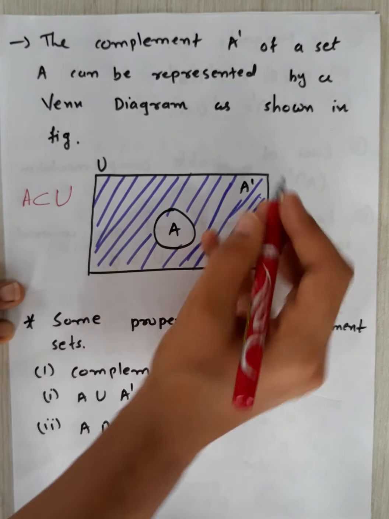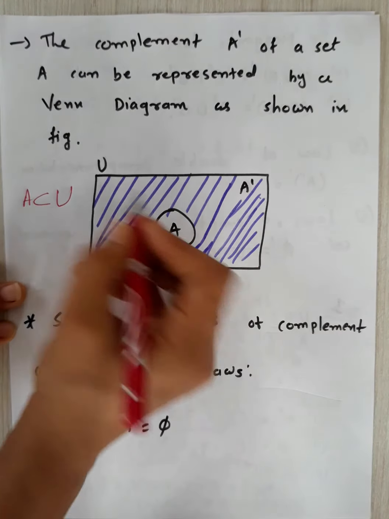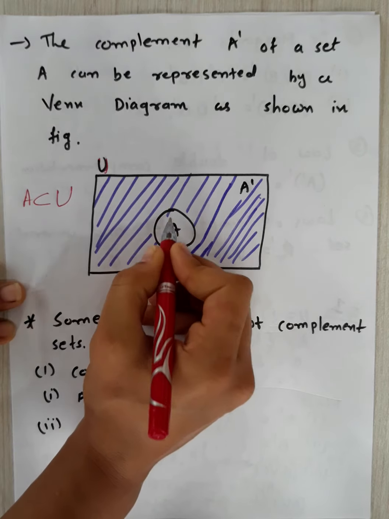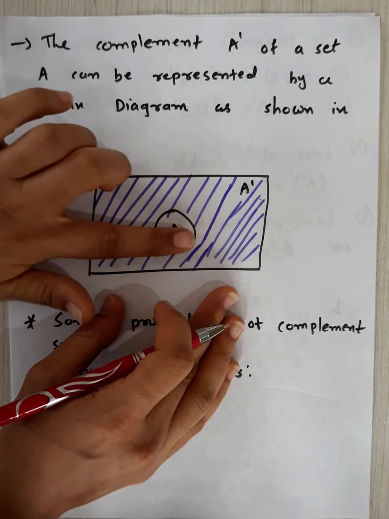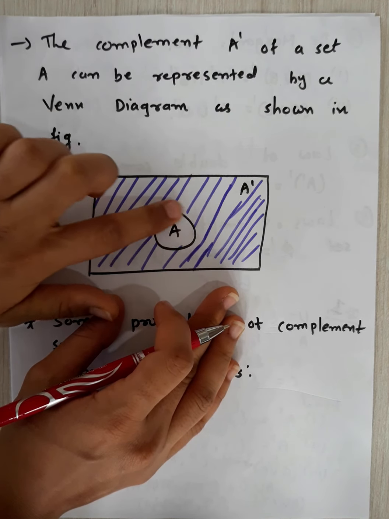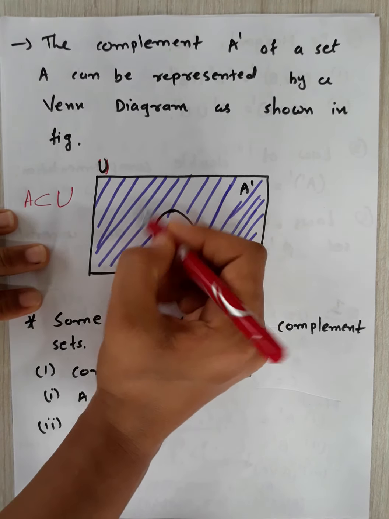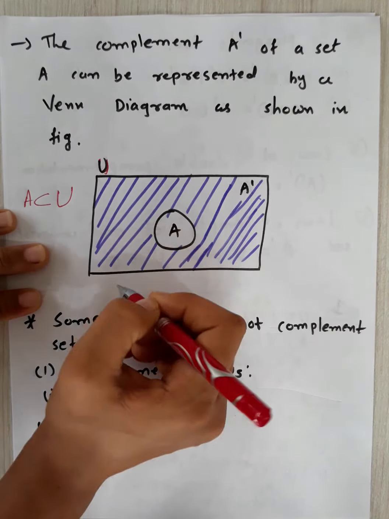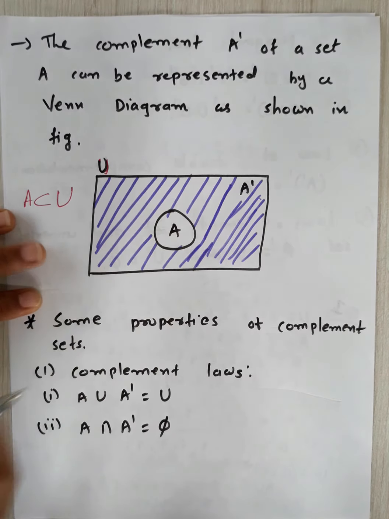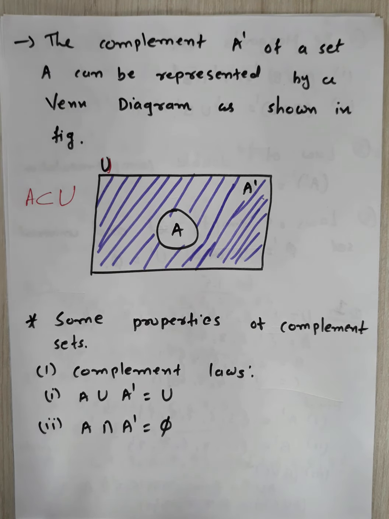Now what is A dash? All the elements of U apart from A. So you have to leave out the portion of A, and this much portion is A dash.